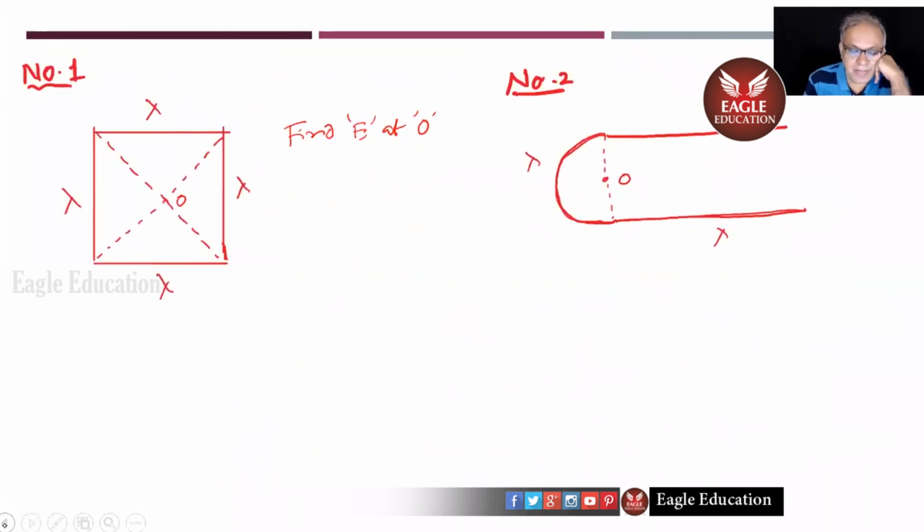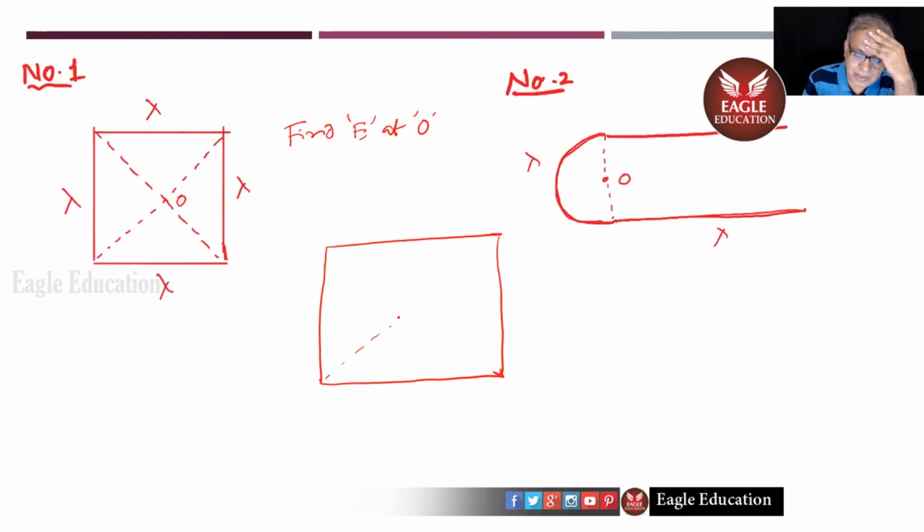Now this formula has to be applied. All right. So E for this will be which way? I'll draw it separately here. Little bigger. If I draw like this, if this is lambda, this angle is how much? 45. This is 45. Am I right? And E of this will be this way.